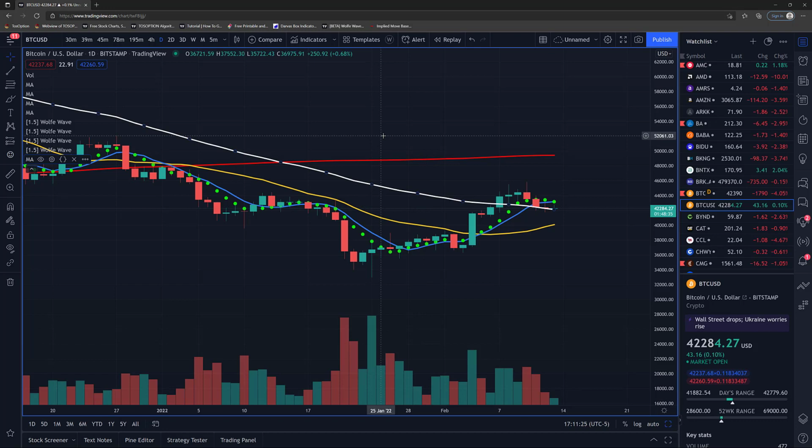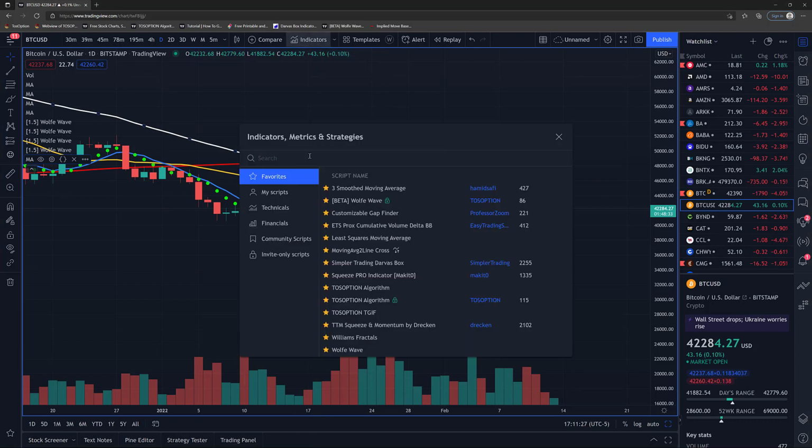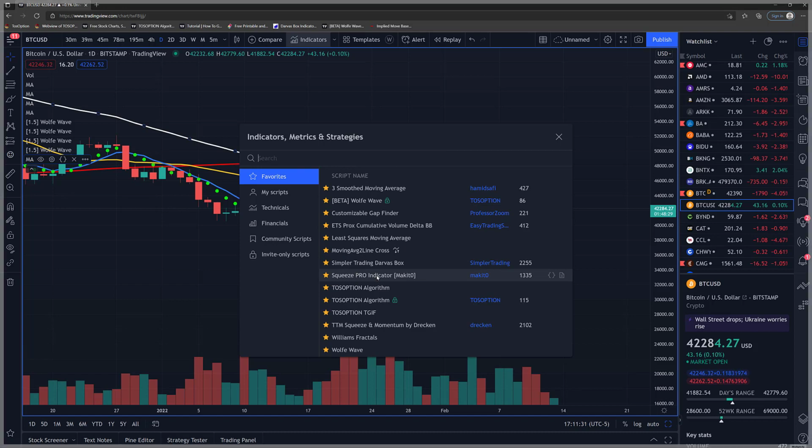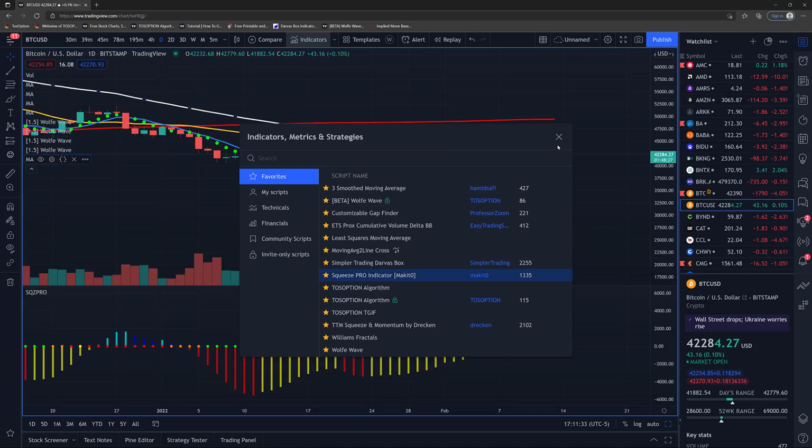All right, so now with this, and finally add the TTM squeeze. So you can just add this squeeze pro indicator by MAC at 0. And then if you really want to get into a little bit more detail, add in a MACD, an oscillator.